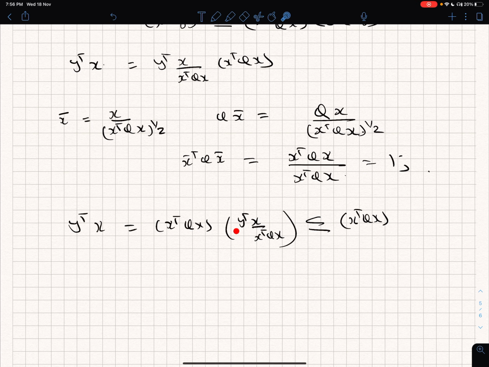So y transpose x bar has to be less than or equal to what we just derived, the square root of y transpose q inverse of y.